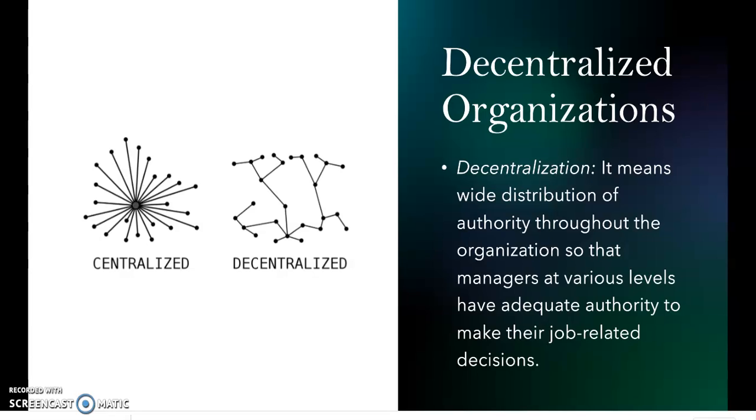It means wide distribution of authority throughout the organization so that managers at various levels have adequate authority to make their job-related decisions. Decentralization explains the manner in which decision-making responsibilities are divided among the hierarchical levels.